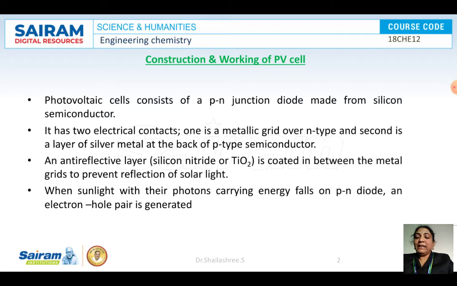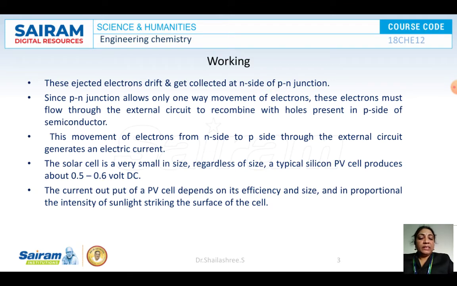When sunlight strikes the surface of the solar cell, that is, when it falls on the PN junction, electron-hole pairs are generated. The PN junction absorbs the energy, and then electron and hole pairs are generated.